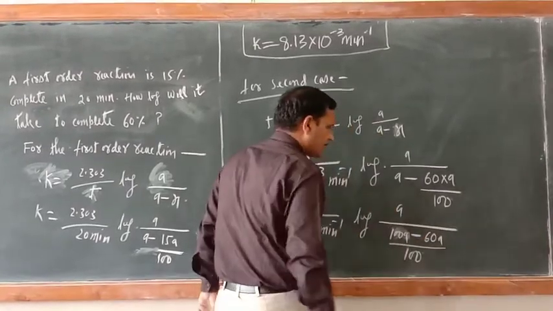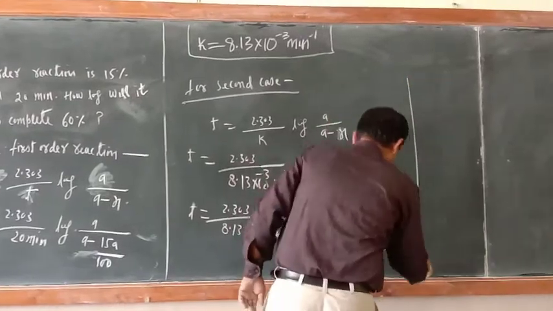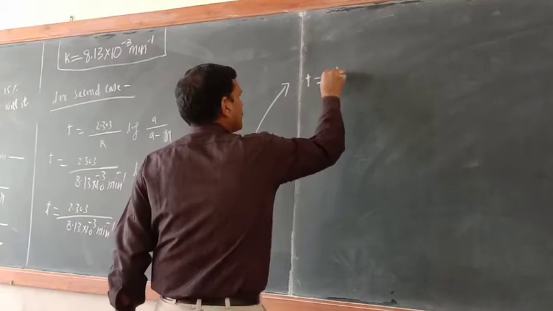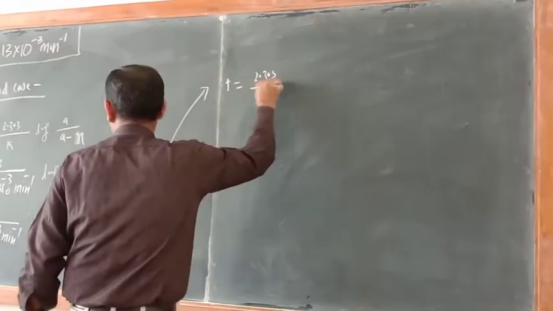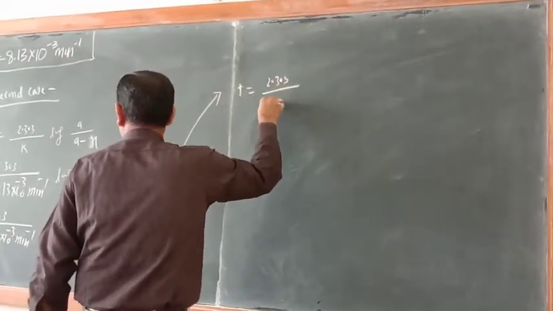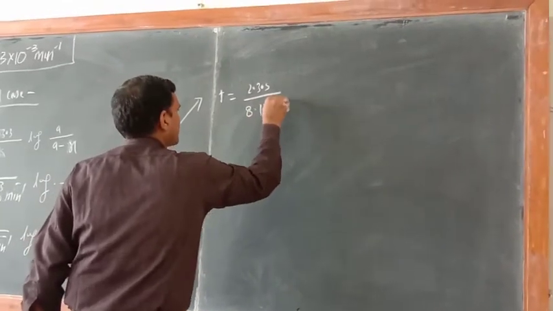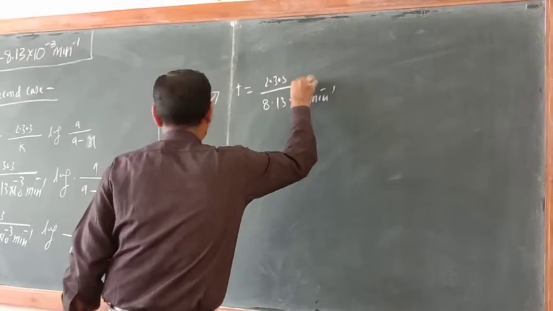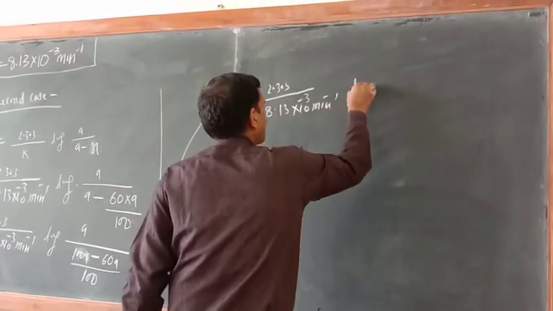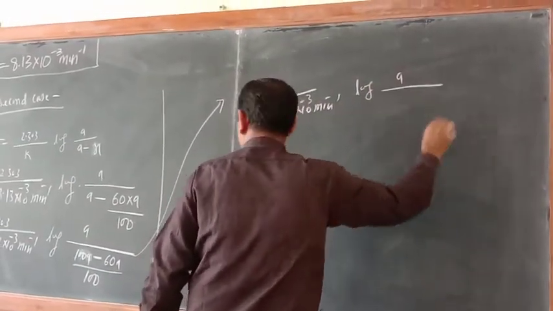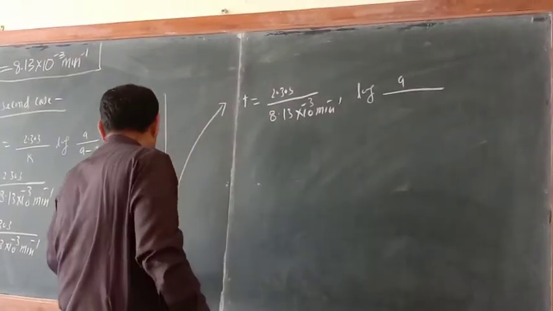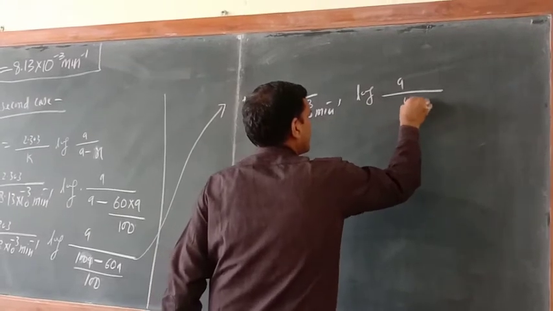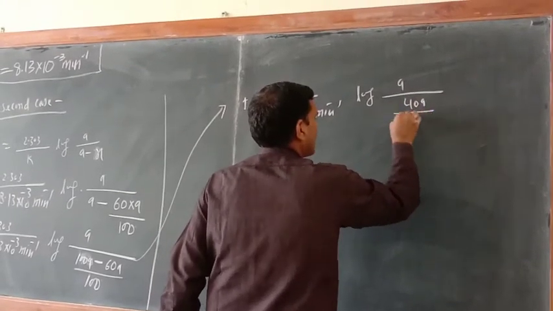So now here what we will have, t equal to 2.303 divided by 8.13 into 10 raised to the power minus 3 minute inverse. Now here log a, and here 100 minus 60 equal to 40a by 100.